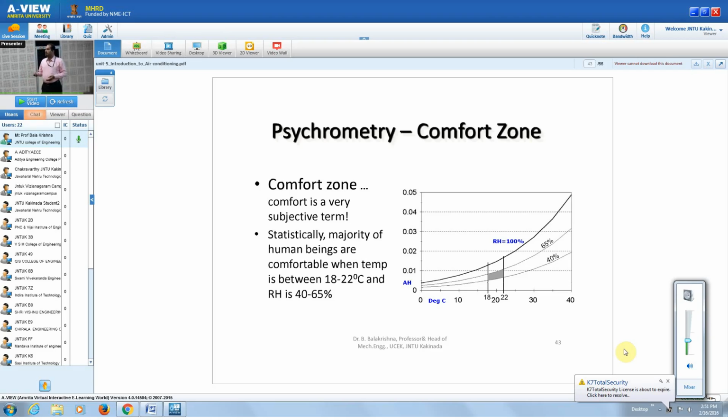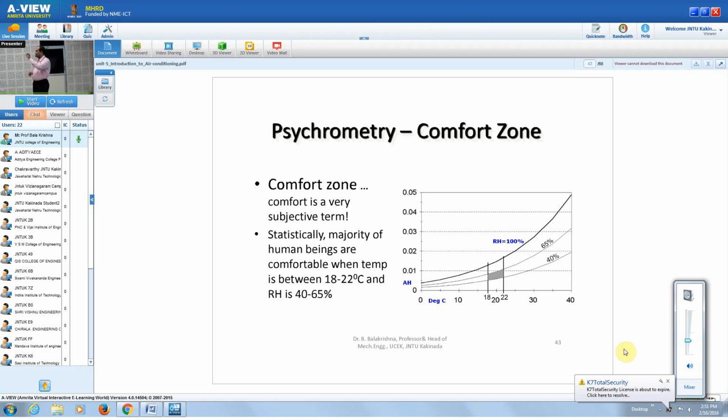Suppose a question is like this: calculate the following, that is enthalpy, specific humidity, specific volume at the comfort zone. Suppose it is 21 degrees centigrade DBT and 50% RH. Then you mark that point exactly.